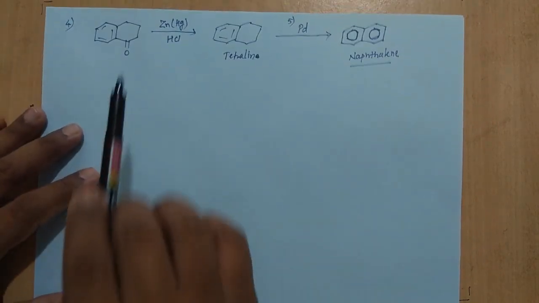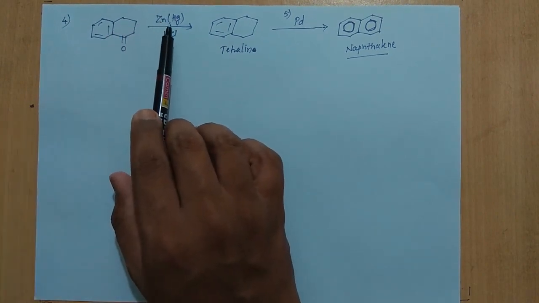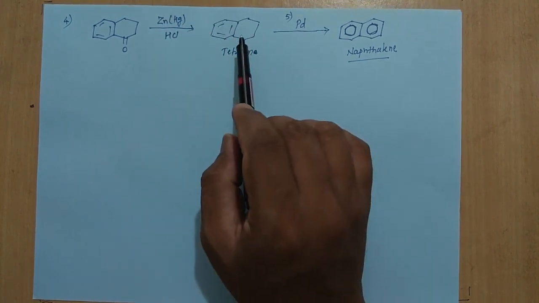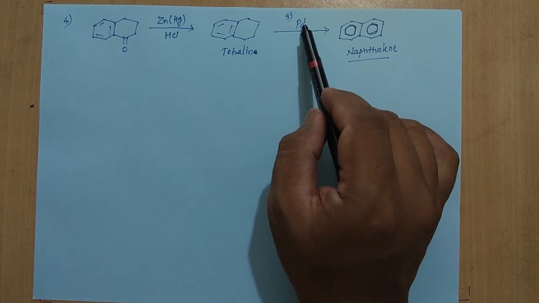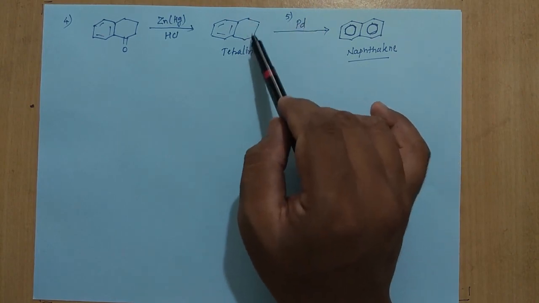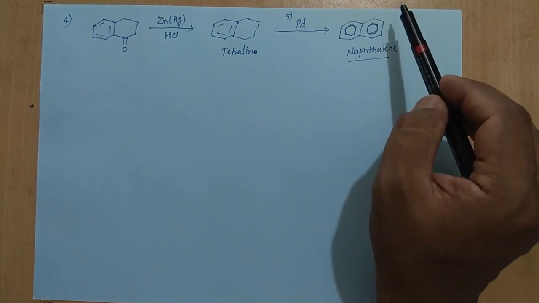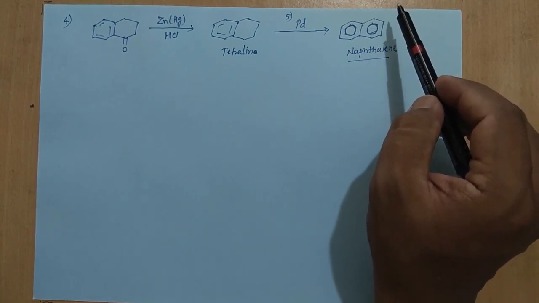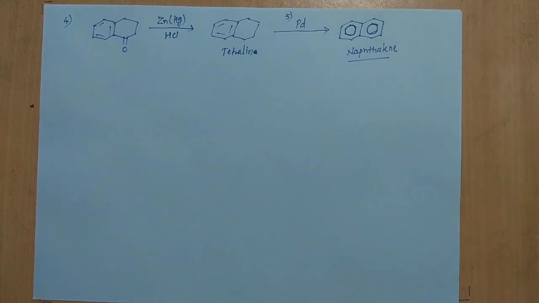Okay, then this tetralone undergoes Clemmensen's reduction to give tetraline, and this tetraline is further heated with palladium metal. It removes extra hydrogens present in this ring to give naphthalene. This is the synthetic method called Haworth synthesis of naphthalene. Okay.